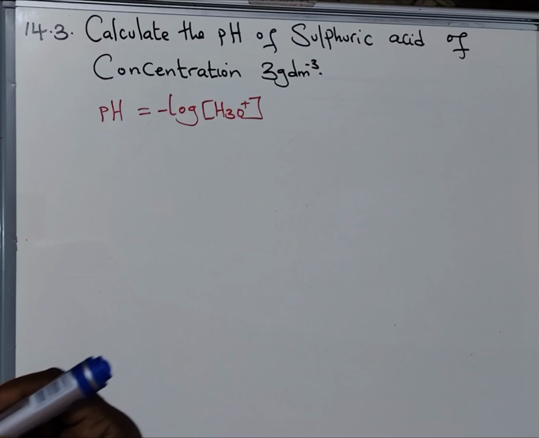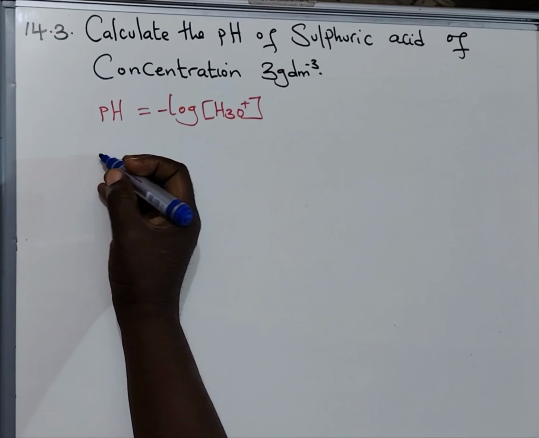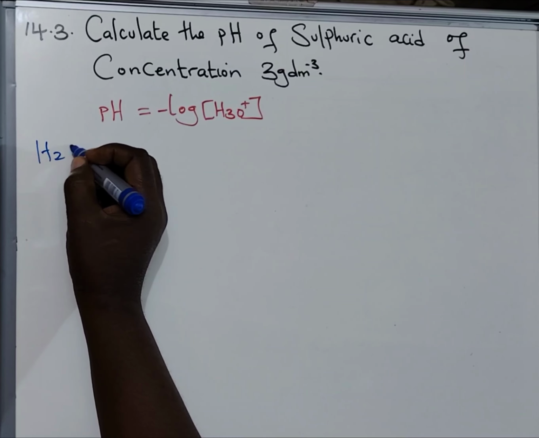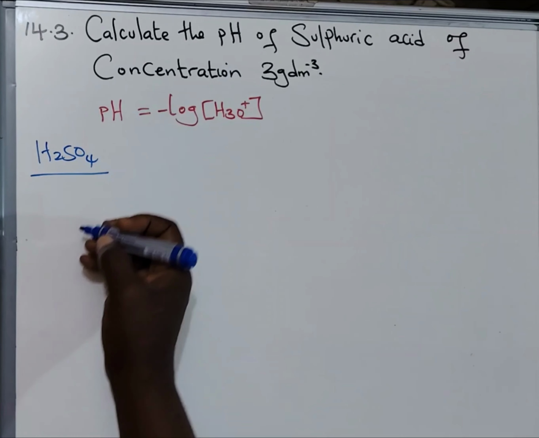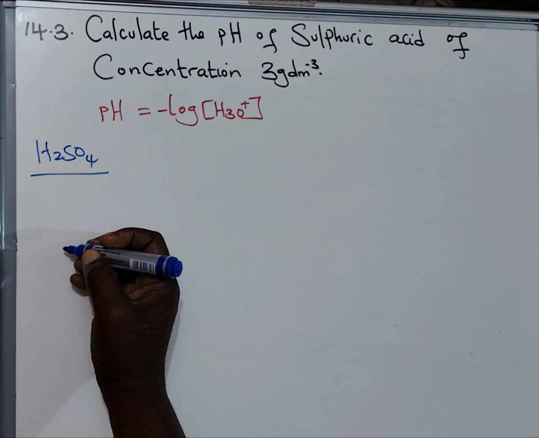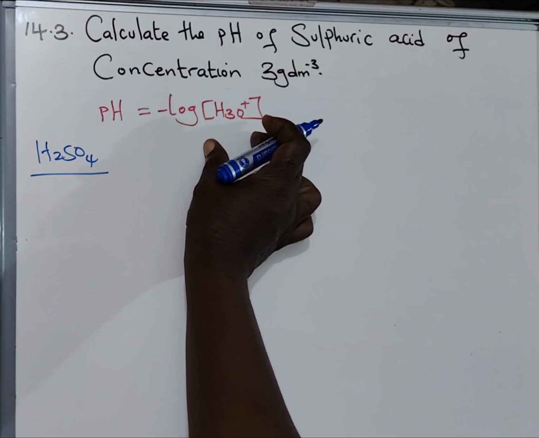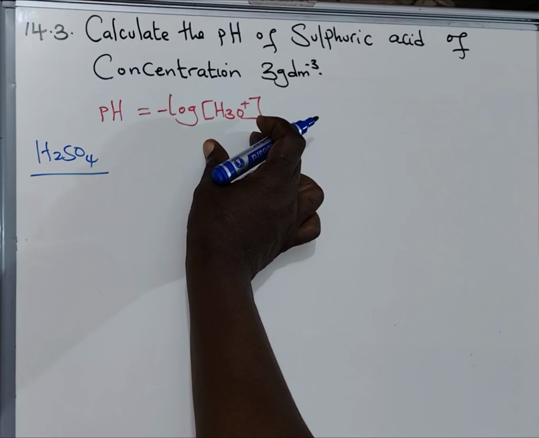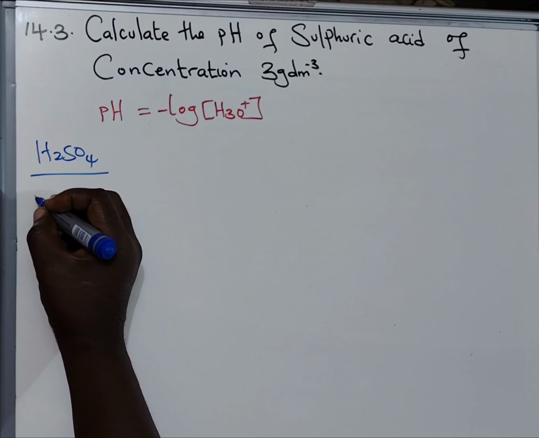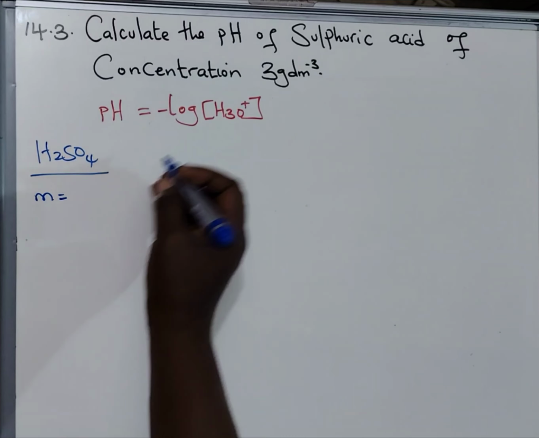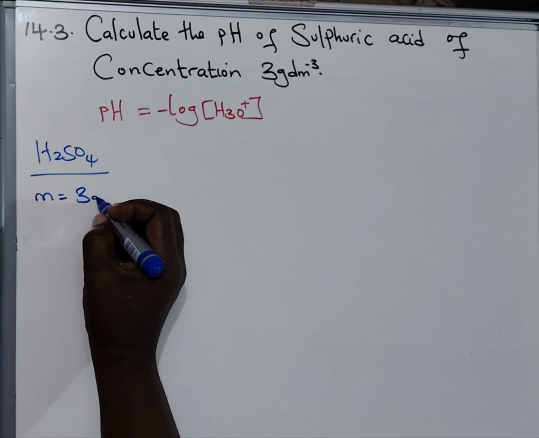This is what you have to know. That for sulfuric acid, we know the concentration, but it's in grams per cubic decimeter. And our concentration here is supposed to be in moles per cubic decimeter. So let's check what we have. You have the mass. Okay, the mass is 3 grams.